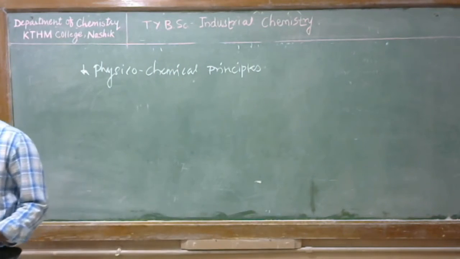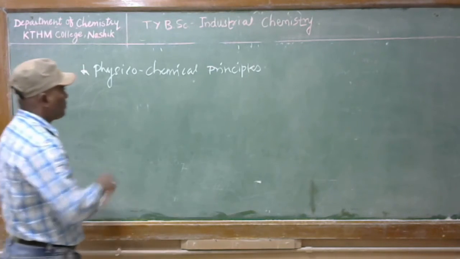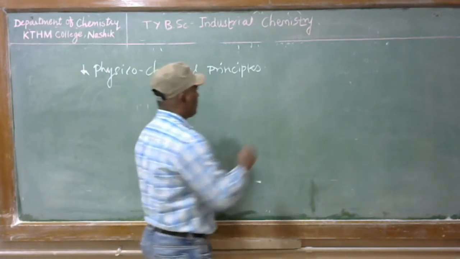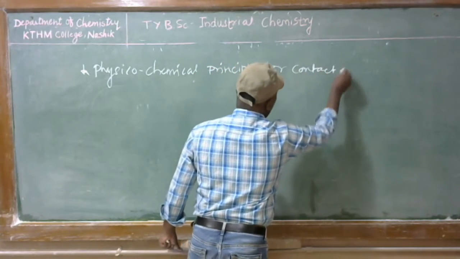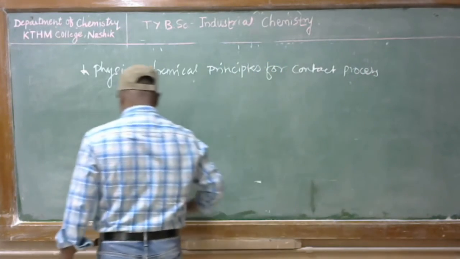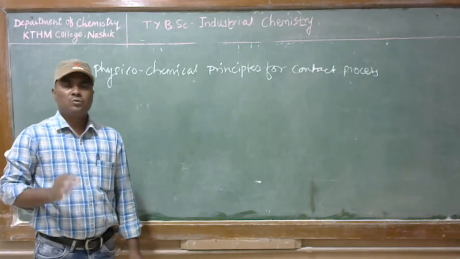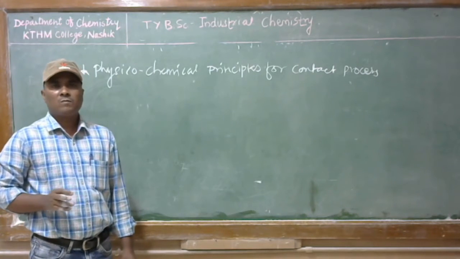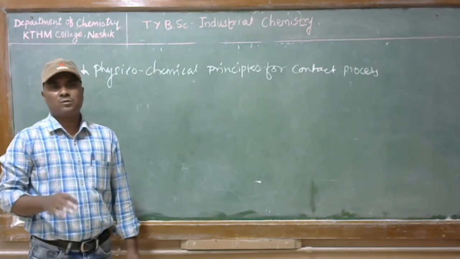Conversion of SO2 to SO3 is the main step in the contact process in the manufacturing of H2SO4.